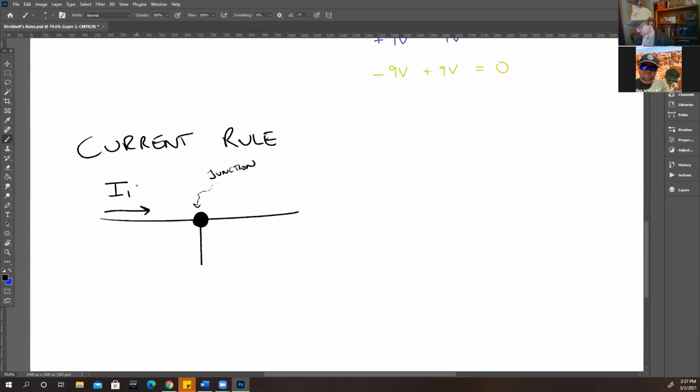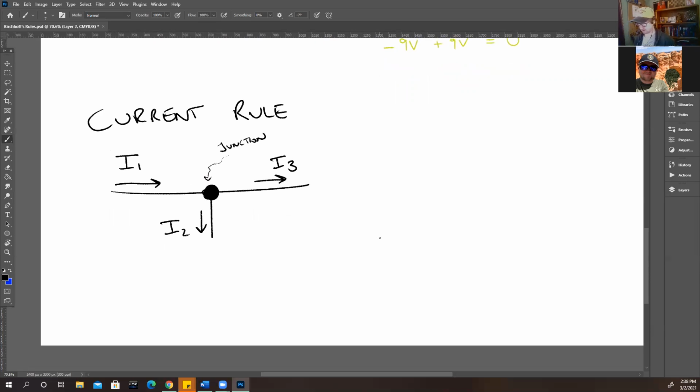That's the current in that position. Let's say after the current enters the junction, it then has to separate. It goes down like that, and then over like that. I'm going to call this one down here I2, and this one over here I3.